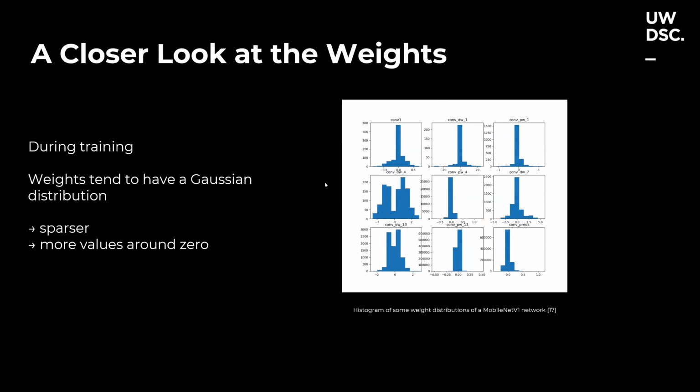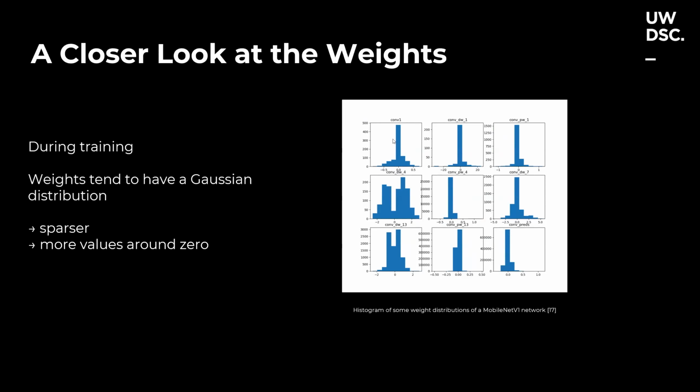And if you look at the weight distributions, the histogram of the weights of each layer of a network, it looks pretty Gaussian, but actually not. It tends to be Gaussian, but actually it is not.